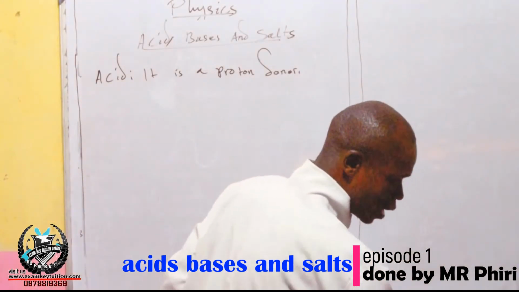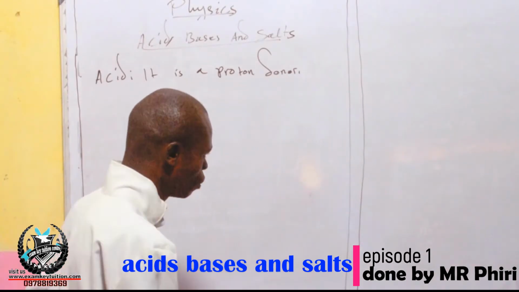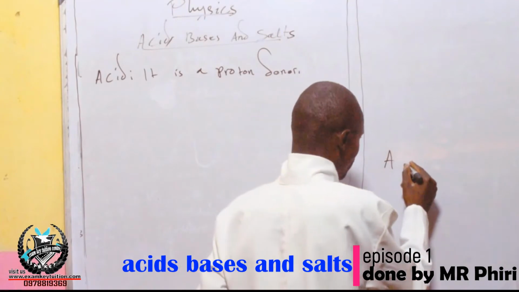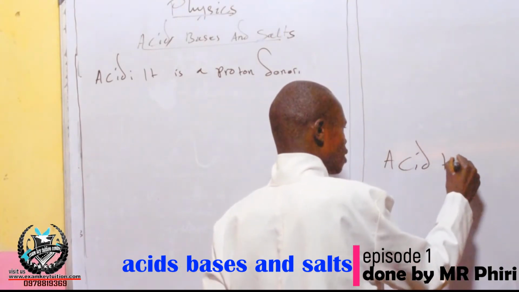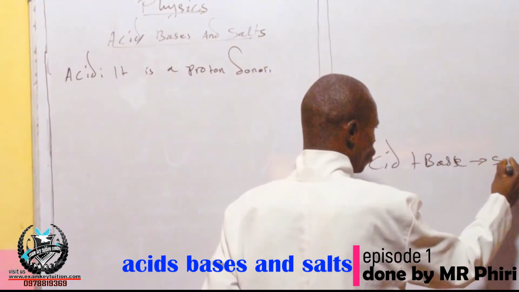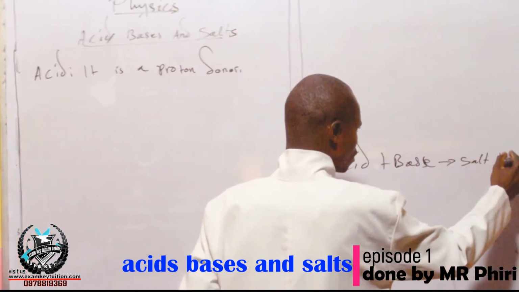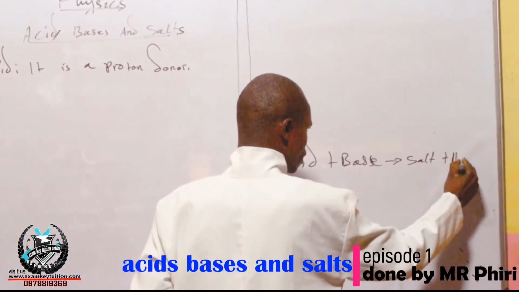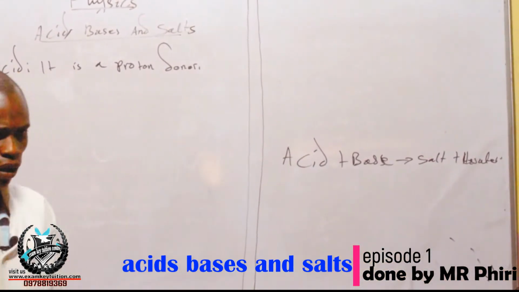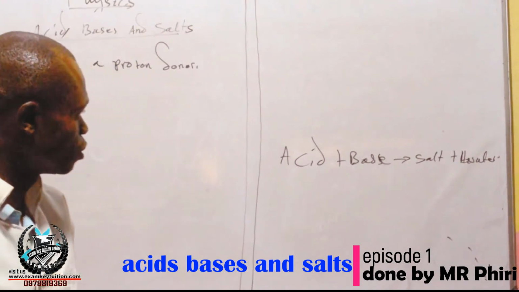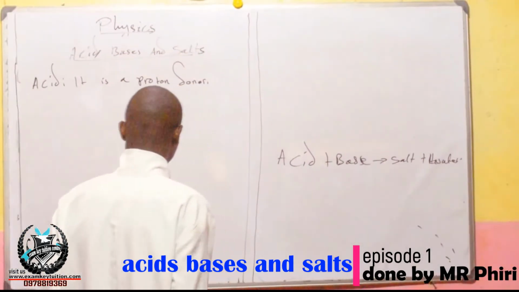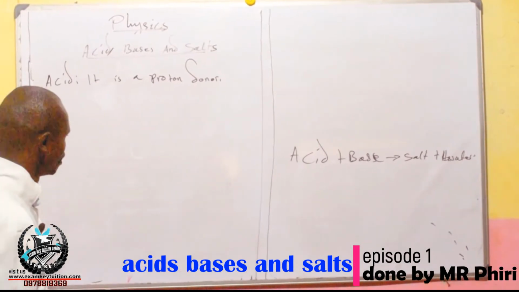Now we can also define an acid by looking at this general equation: acid plus base gives you salt plus water. Those are the things you are expecting to be produced in that reaction.